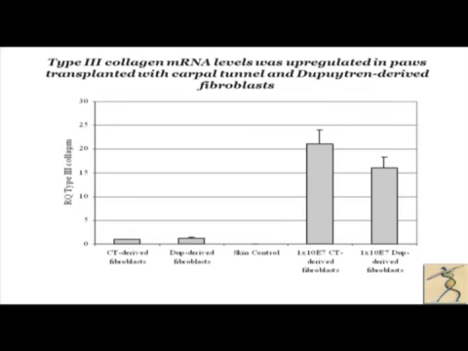But that was not true of type 3 collagen, which we looked at as a control. Here in culture, the Dupuytren cells and the carpal tunnel cells seem to be similar, and after transplantation into the forepaws, these cells also appear to be quite similar in the levels of their expression.